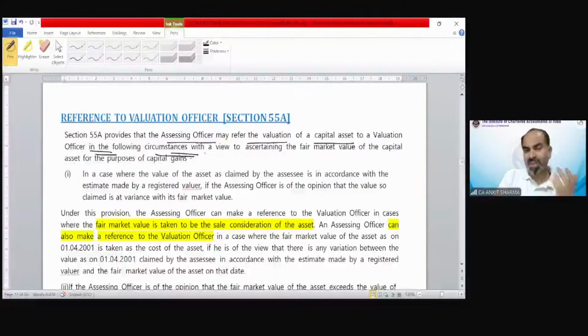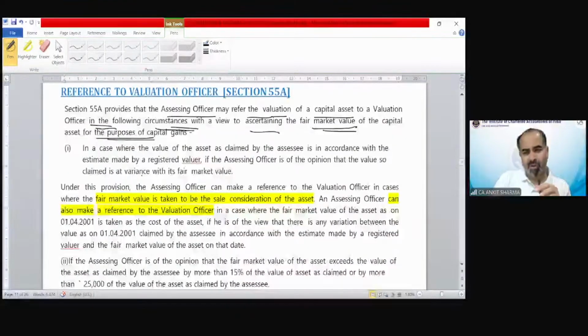So suppose you are saying that you have transferred your asset for 6 lakh rupees, and the assessing officer thinks that you are not telling the correct consideration. So he can ask the valuation officer for the valuation of that asset, to ascertain the fair market value of that capital asset for the purpose of capital gain.